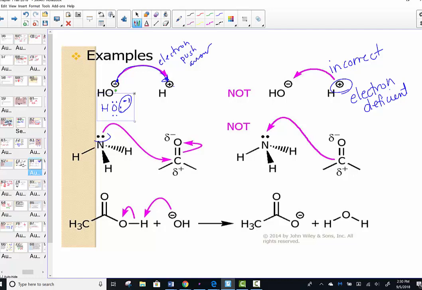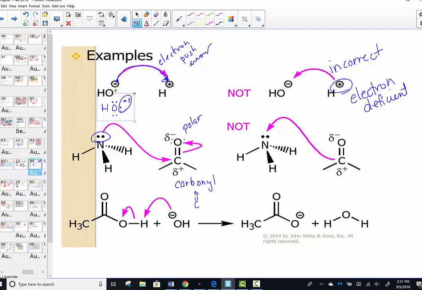Here's a lone pair of electrons on the nitrogen. This is the molecule ammonia. In this particular region, we have a polar functional group. We're going to learn in the next chapter, this is called the carbonyl functional group, a C double bond O. Now remember, this oxygen has a lone set of electron pairs to finish its octet.